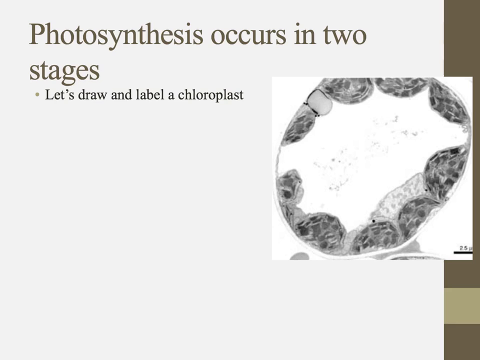Before we go on to label a chloroplast, let's talk about plant cells in general. Let's see how much you remember. This big empty space here isn't an empty space at all. That's the central vacuole, probably filled with water.